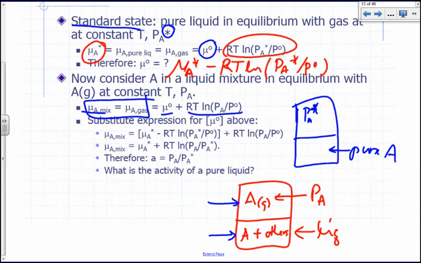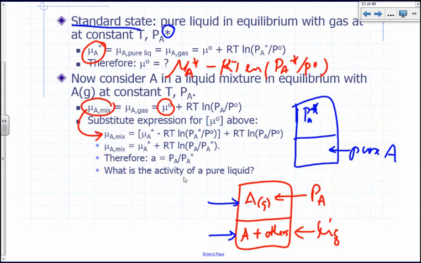All right, so what do we do now? We have the chemical potential of A in the mixture, which is equal to mu naught, which we identified above. Here's mu naught right here.